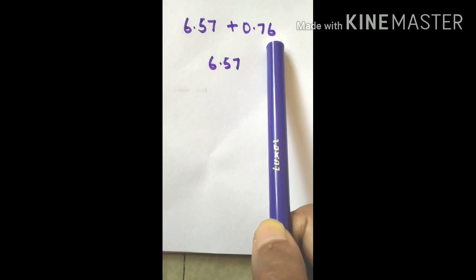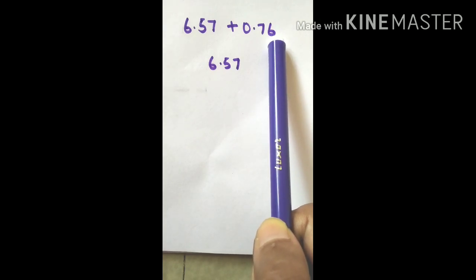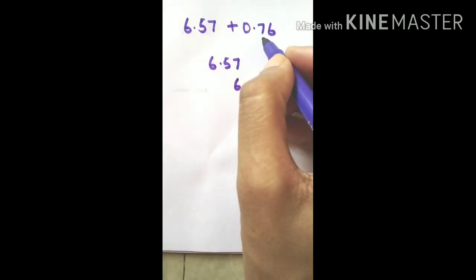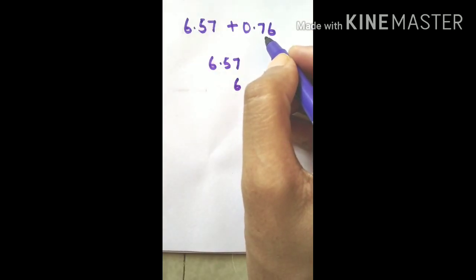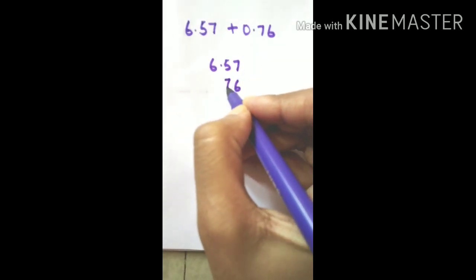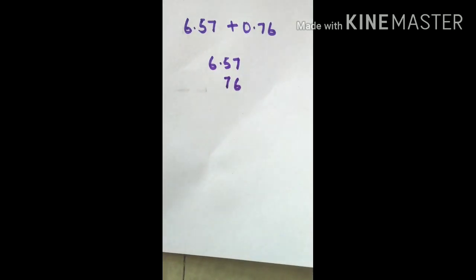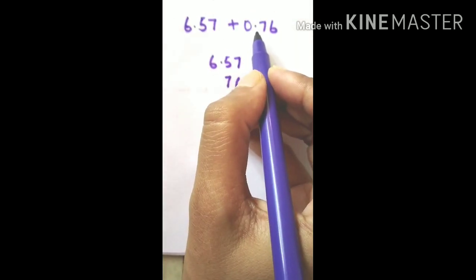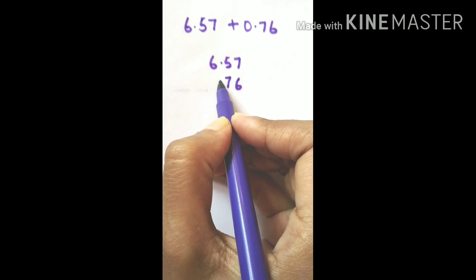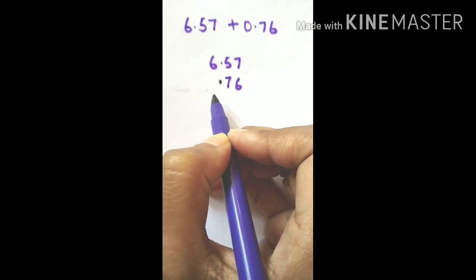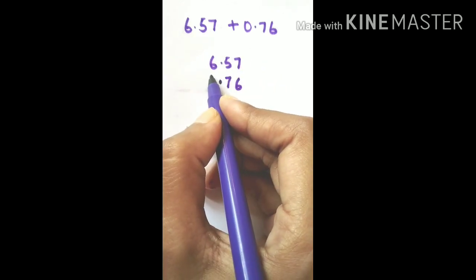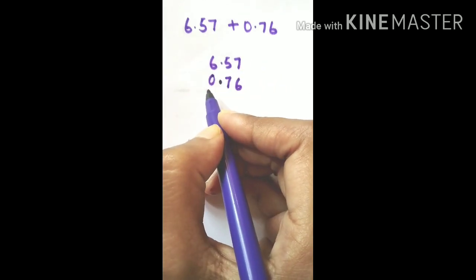Here 6 is in the hundredths place. So we will write 6 below 7. And 7 is in the tenths place. So we will write 7 below 5. Then we have a point before the tenths. So we will write a point here. And 0 is in the ones place. So we will write 0 below 6.